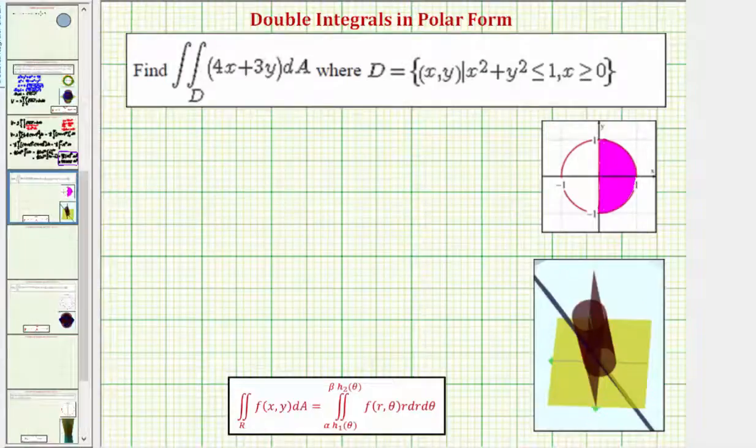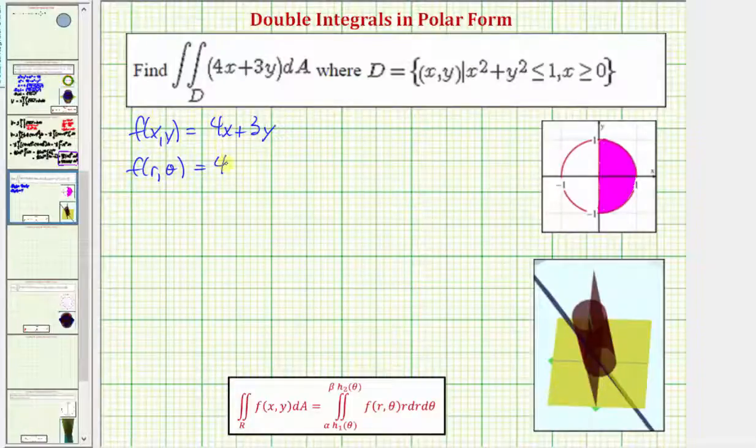So to get started, notice that f of x comma y is equal to 4x plus 3y, which means f of r comma theta is going to be equal to 4 times x, where x equals r cosine theta, plus 3 times y, where y is r sine theta.